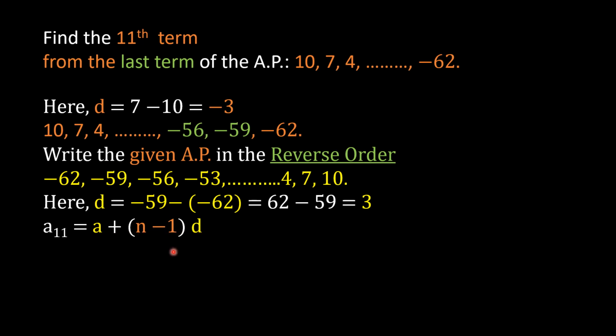Substituting the values, a is −62 plus n is 11, minus 1, multiplied by d, which is 3.